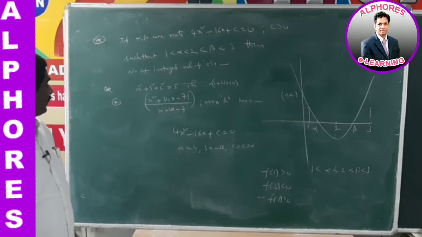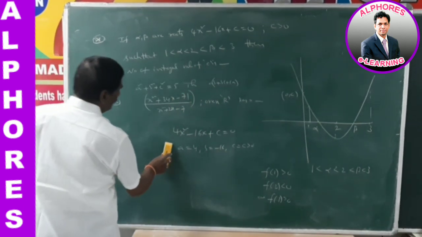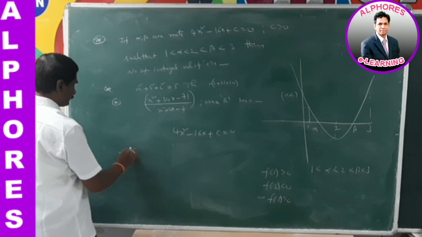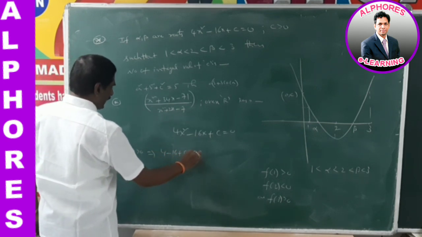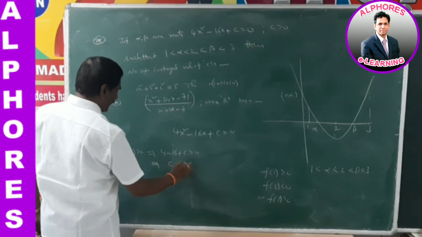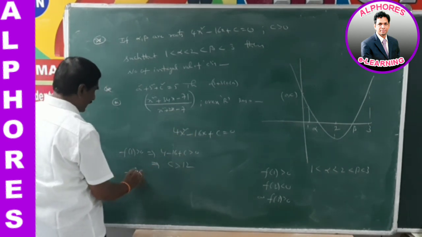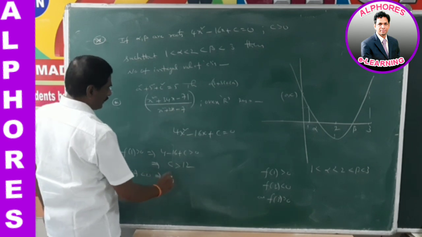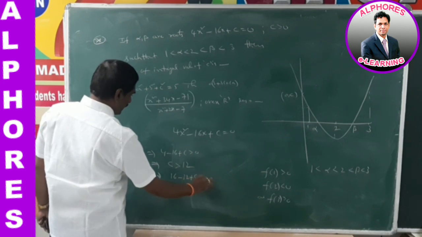Okay. Now, f(1) greater than 0 means 4 − 16 + c greater than 0. That means c greater than 12. Okay. Next, f(2) less than 0. That means 4 into 4 is 16, minus 32 plus c less than 0.